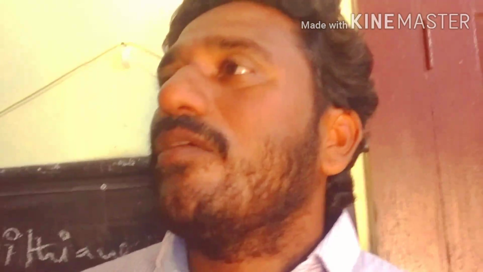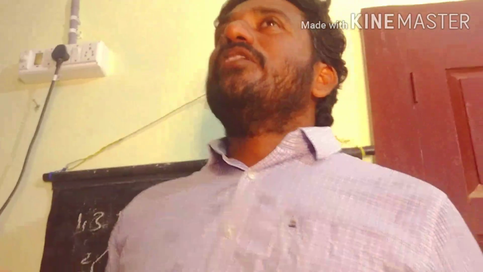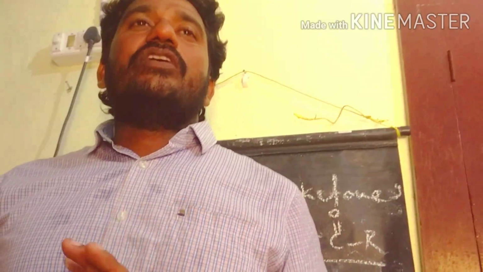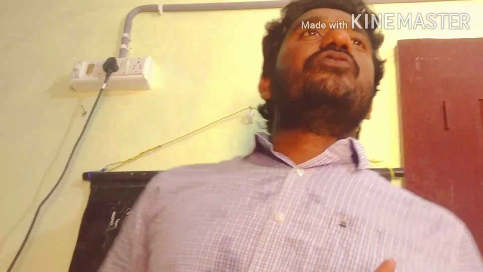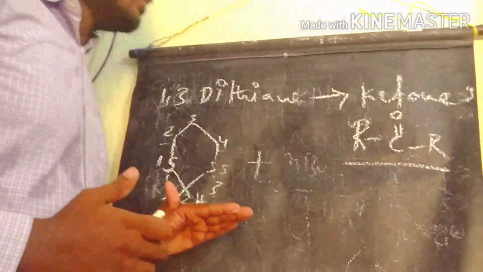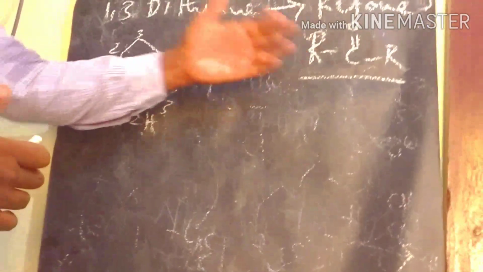In the case of aldehydes, such as acetaldehyde, we are substituting only one hydrogen with an alkyl group, like a methyl group. In the case of ketones, we make two substitutions, replacing the two hydrogens with two alkyl groups. That is the important point in preparing ketones from 1,3-dithiane.